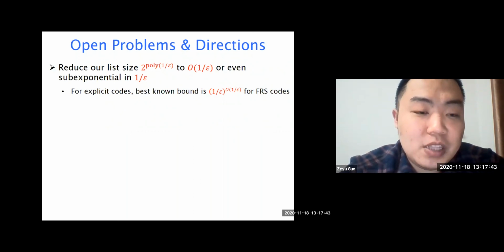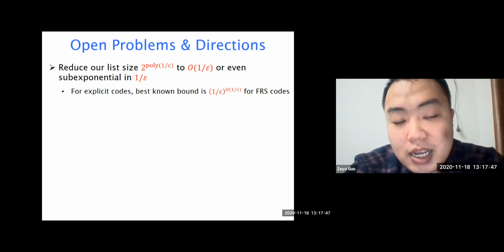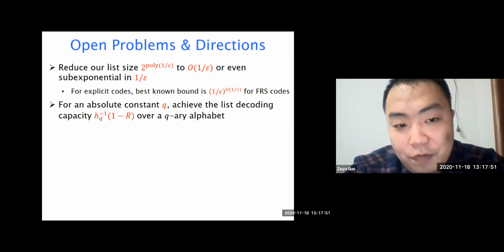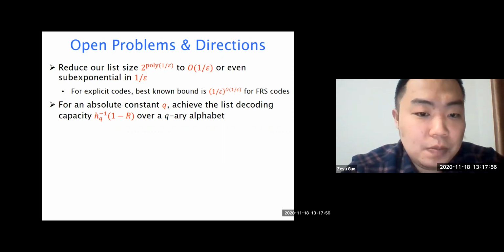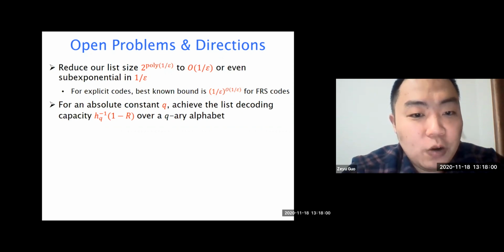So it seems that we need new ideas for this problem. And the second open problem is that for our code, we achieve the list decoding capacity 1 minus R minus epsilon, but the alphabet size is exponential in 1 over epsilon.